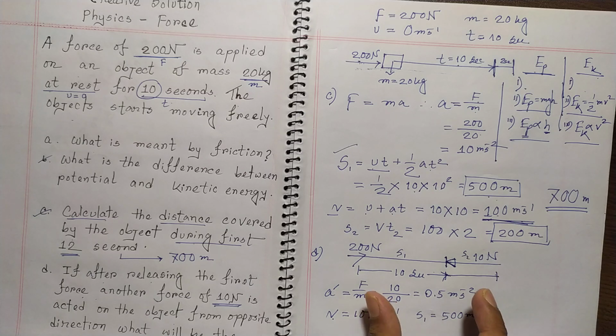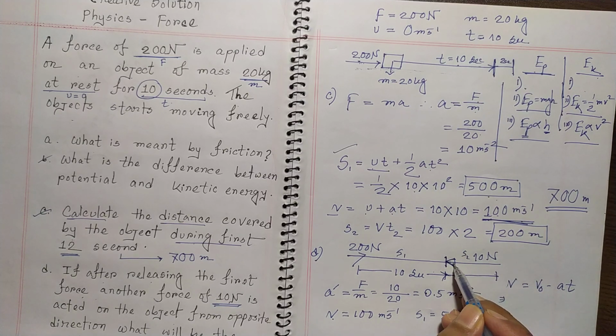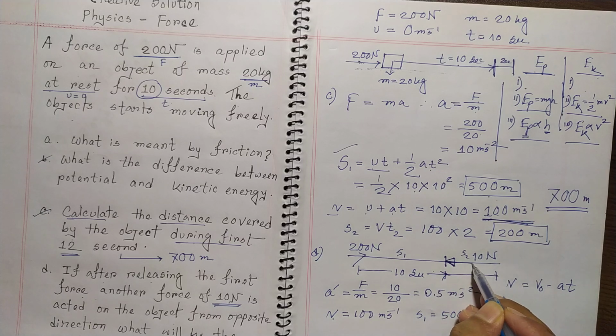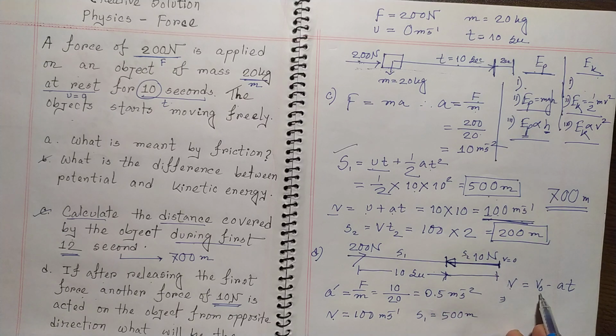Now let us suppose the body will stop after releasing the force at time t. Now think about it: v is v0 minus at, and after t seconds, suppose it will stop, so v is 0 and this v0 is actually 100. So at is v0, so t is equal to v0 by a.